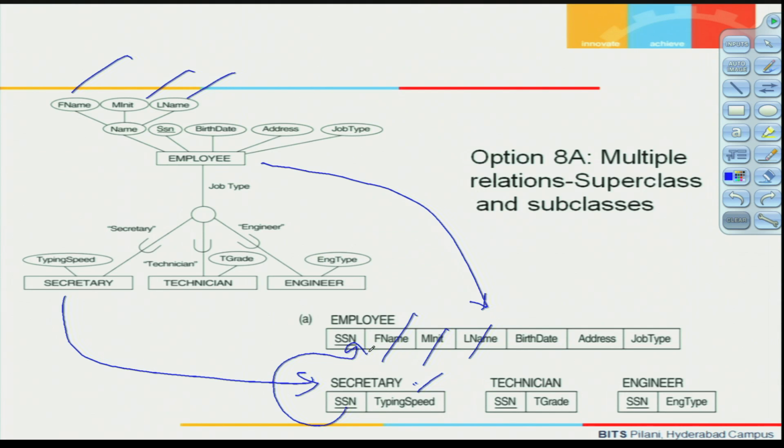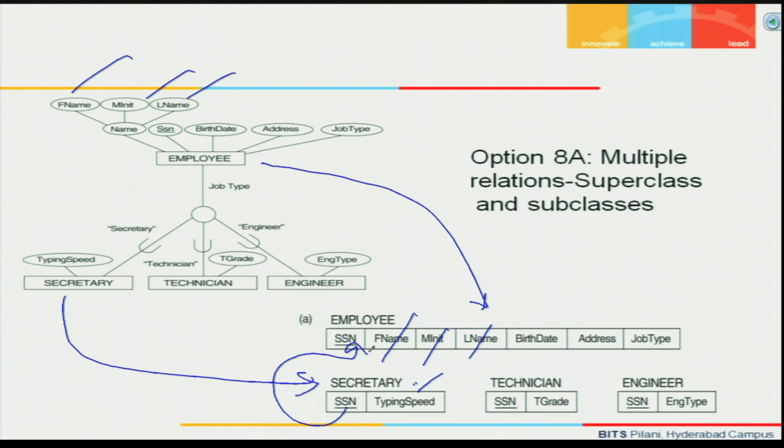One important thing to note is that the subclasses will not have independent existence. If there is an entity available in the subclass, definitely it will have a corresponding entity in the superclass also. So for every secretary entity in the subclass, there will be a corresponding entity in the superclass.